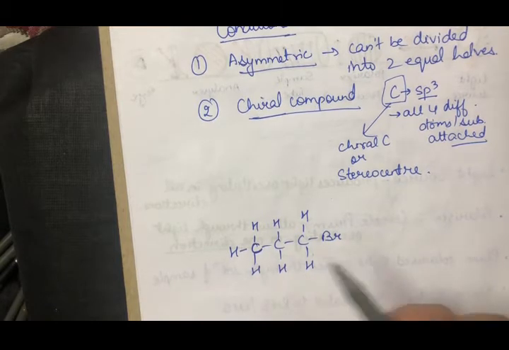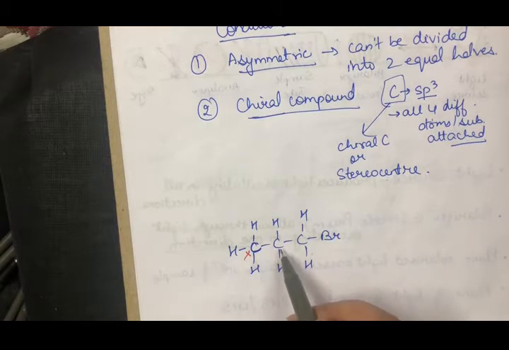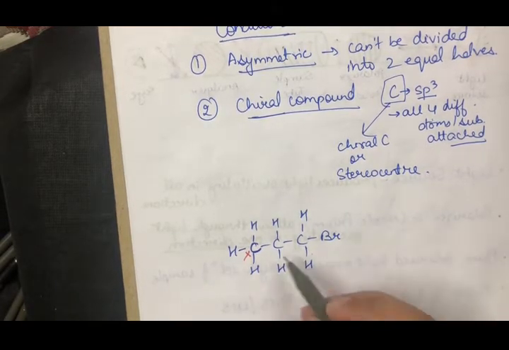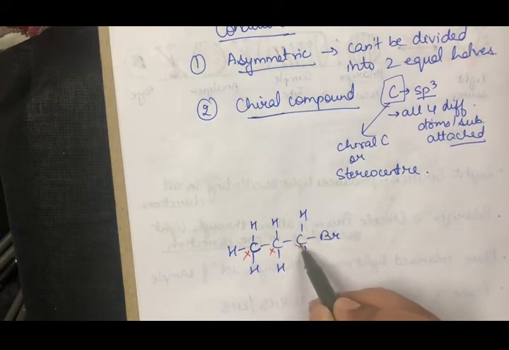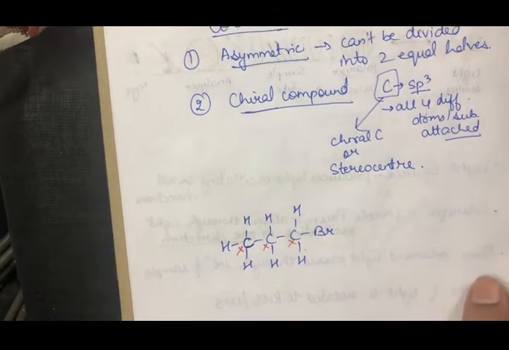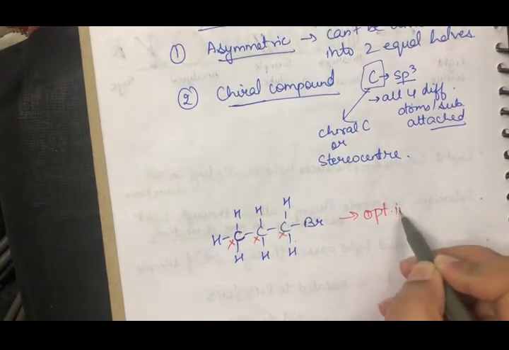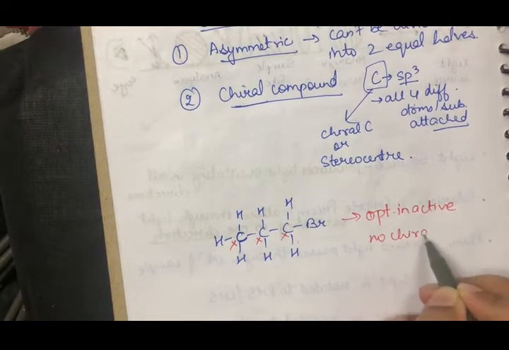So out of 4, 3 substituents are same, so this is not chiral. If I talk about this carbon, it has 2 hydrogens same, so I don't even need to go further. It is also achiral. If I talk about this, 2 hydrogens same, so it is not having a chiral carbon, so it is optically inactive. Why? Because no chiral carbon.